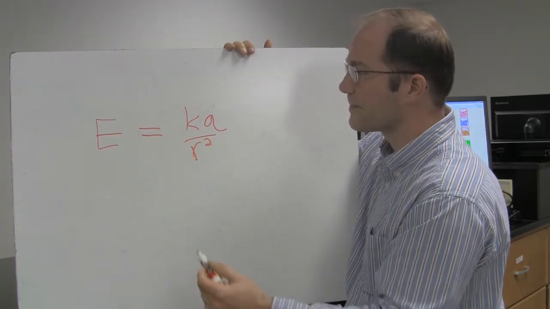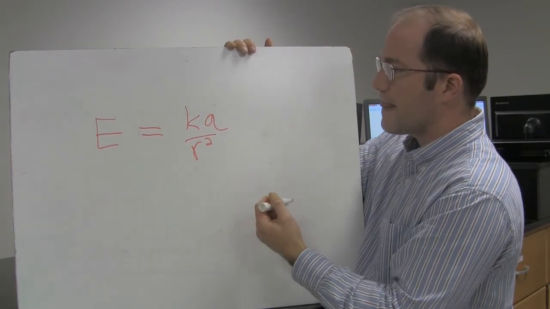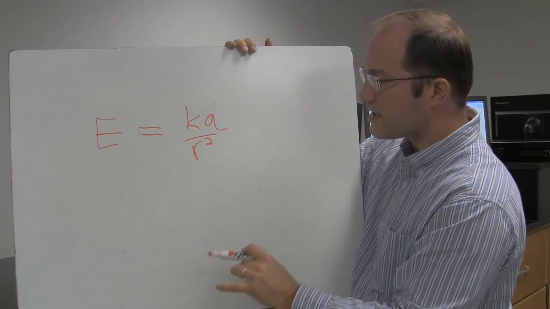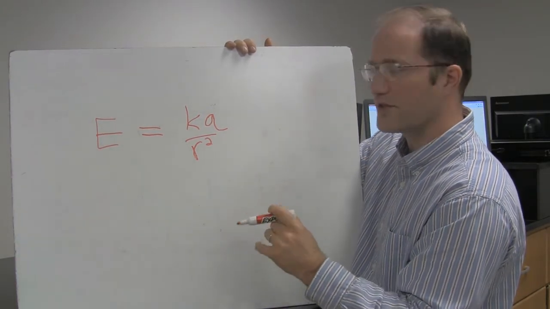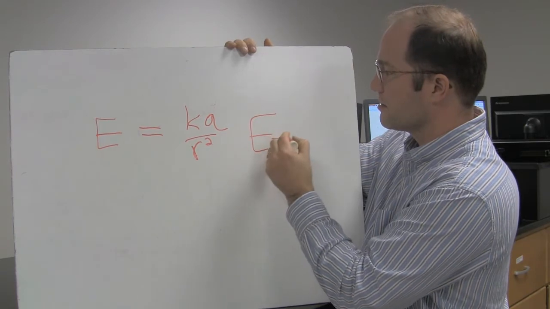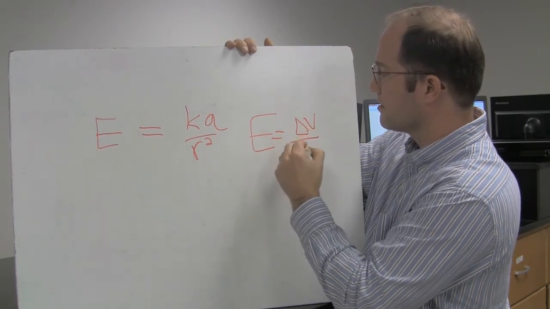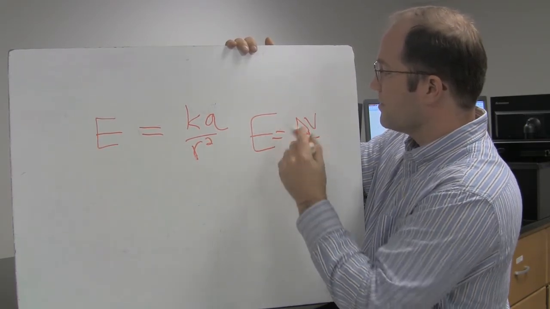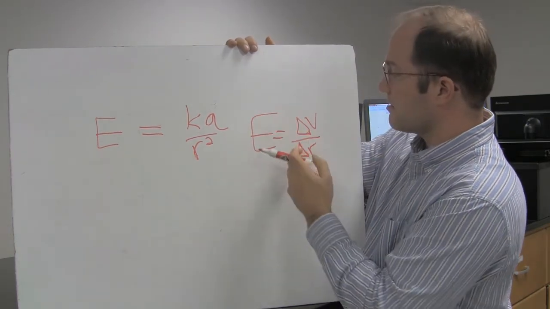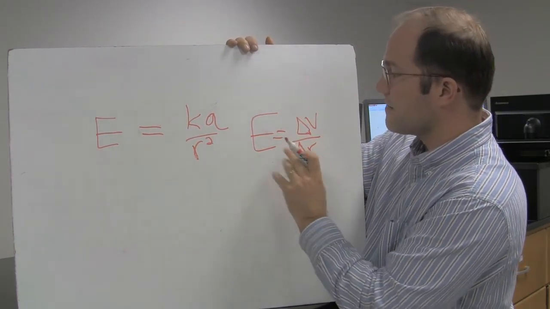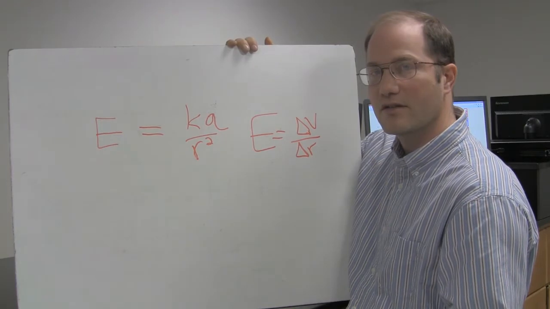Now we know that the electric field is simply the change in voltage over the change in distance. And so the steepness of this gradient, this rate here, V over R, will give you the electric field.